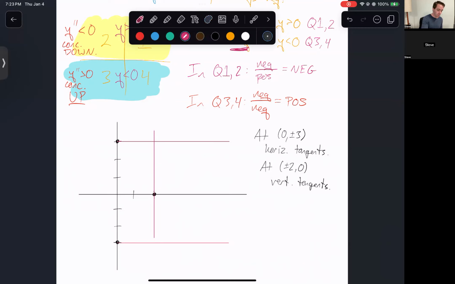They go from having a 0 slope right here to having an infinite slope right here. That means that over the course of this, it must have a shape like that, or more accurately like this.